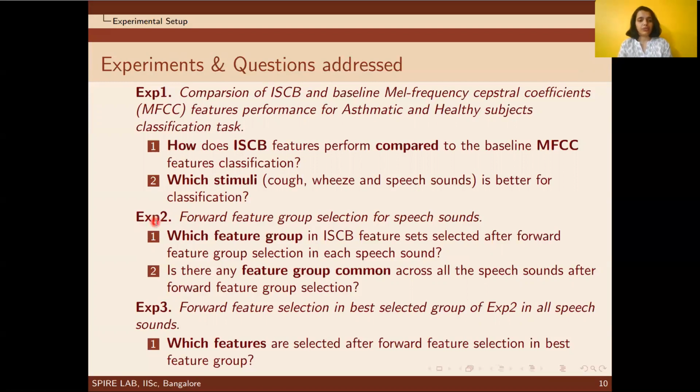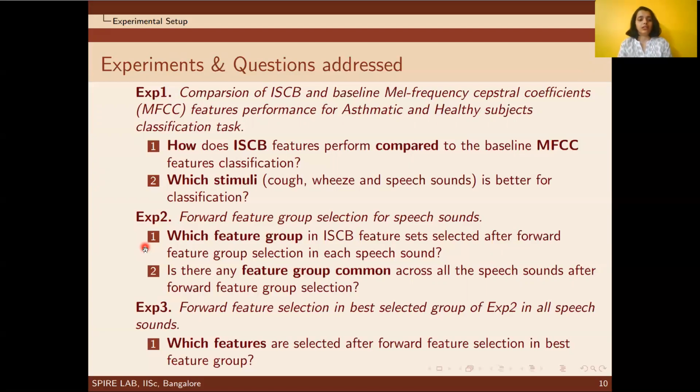In experiment 2, forward feature group selection in all speech sounds has been done. As we know, ISCB has 21 feature groups. Through forward feature group selection, we try to find out which feature group contributes more to the classification task in each speech sound.